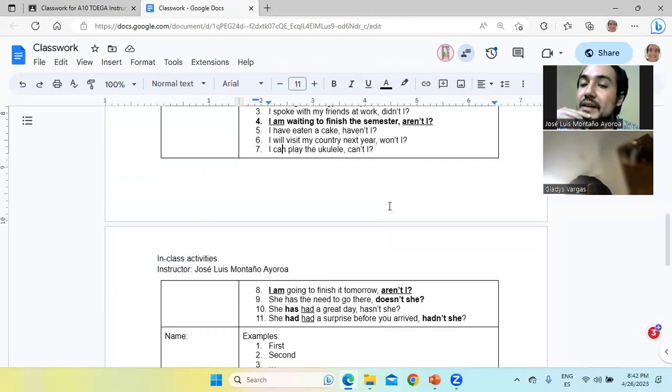The last two. If I say, he went to the party 2 weeks ago. What is the tag question there? Did he? But if it's affirmative, the tag question has to be negative. So didn't he?